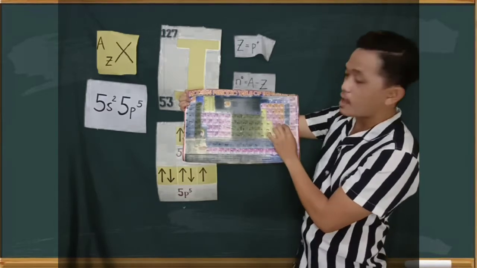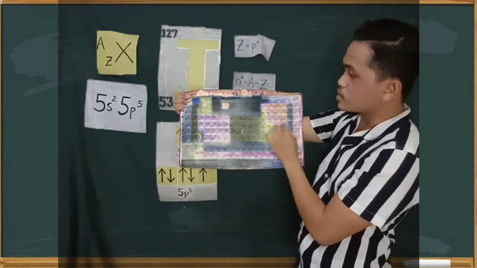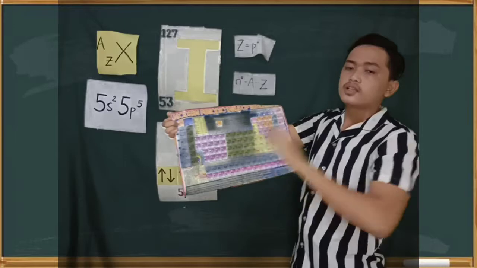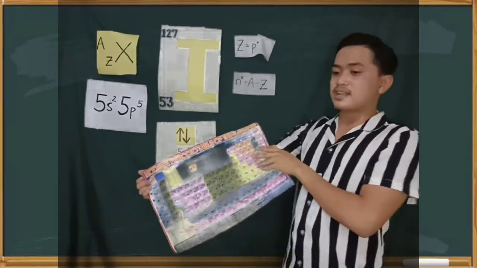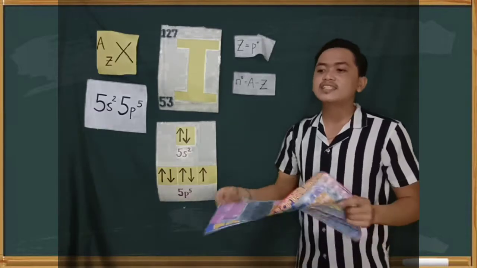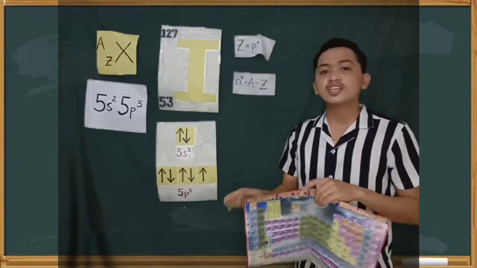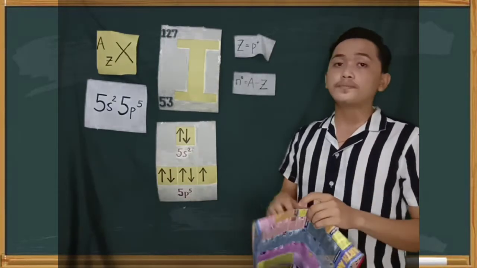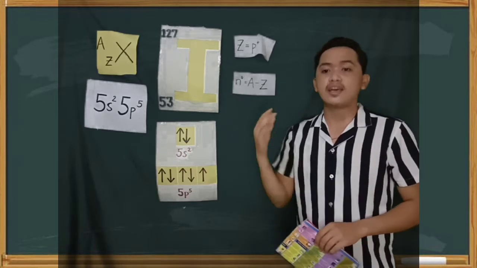Here's the element iodine. So the valence number is 7. To make it more clear and concise, the iodine is in period number 5, so the energy level is also 5. Then the iodine is in group 7A, so the valence number should be 7.